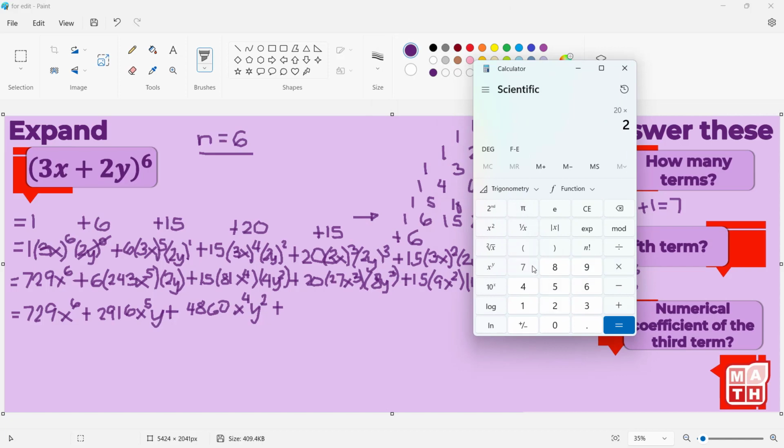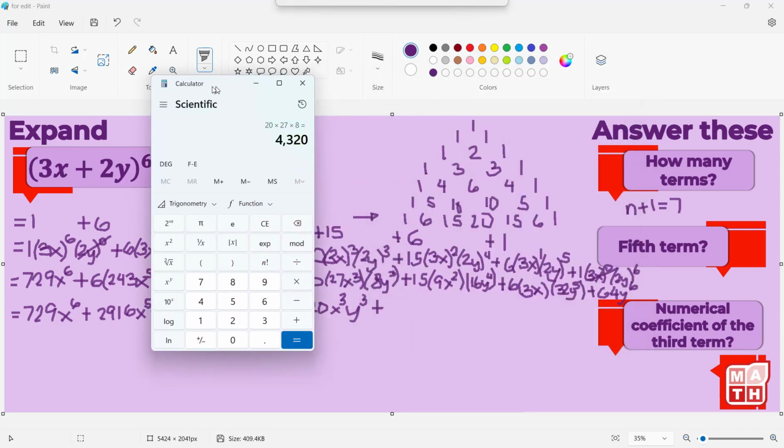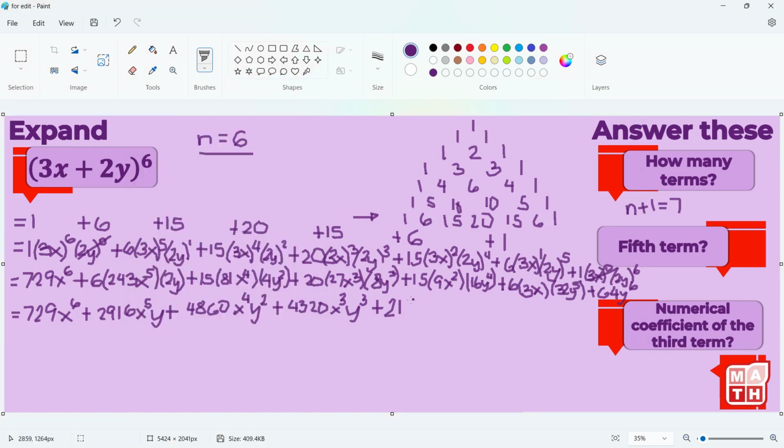times 27 times 8. You have 4, 3, 2, 0, x cubed, y cubed, plus another one here. So you have 15 times 9 times 16. That's 2160. 2160 of x squared y to the power of 4 plus.